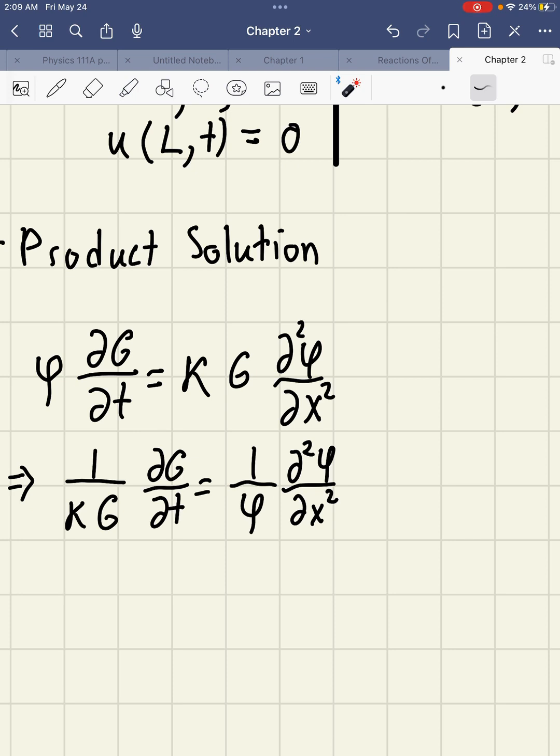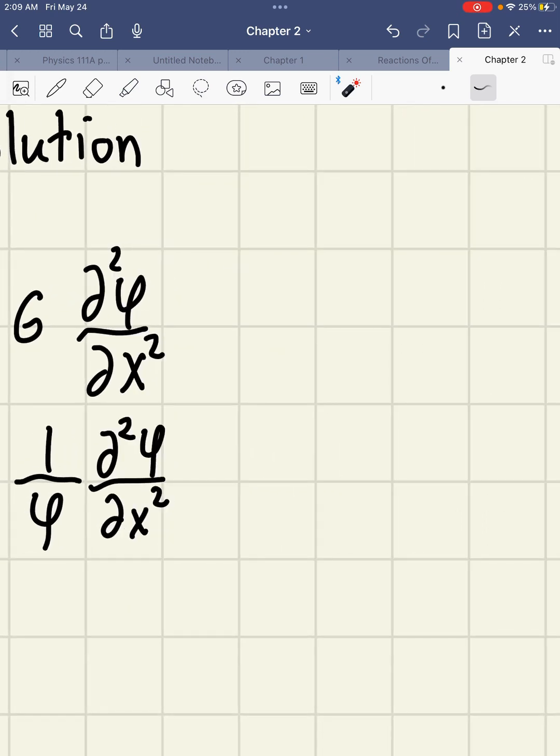Now let's think about this. On the left side, I only have t, no x components, only t. While on my right side, I only have the x component, only x. So two variables that are independent from each other are equal to each other. That can only happen if and only if they both are equal to a constant.